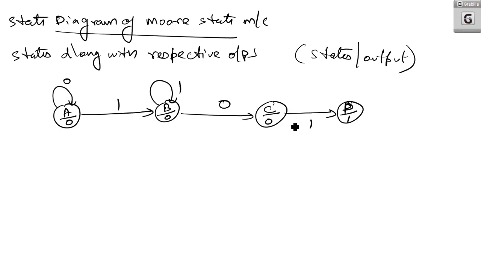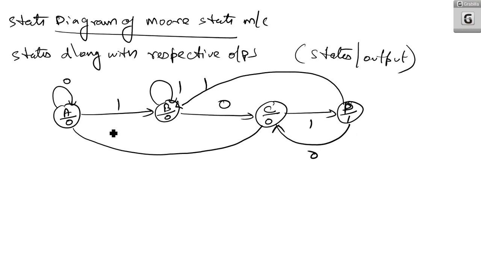If it is 1, it will go to state B, and if it is 0, it will go to C. At C, when it is 1, it will go to D, and when input is 0, it will go to A. So this is a classical example of a Moore state machine. On the states you have the outputs, and inputs are given as transitions.